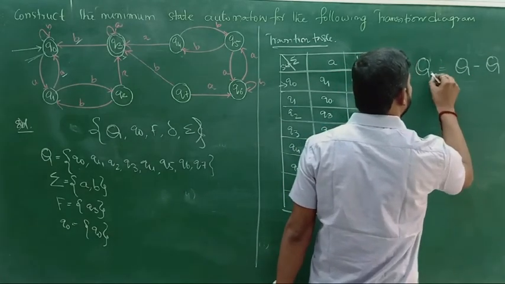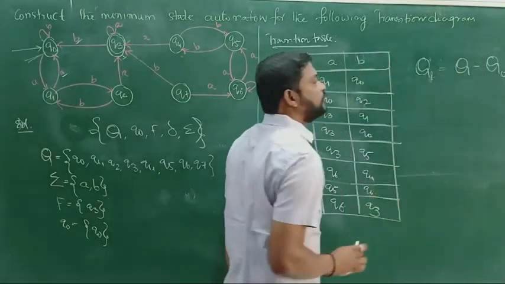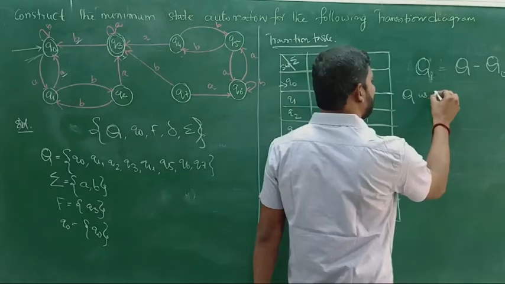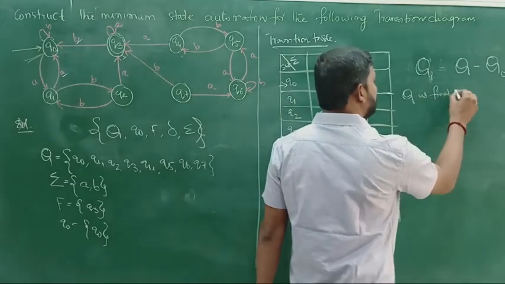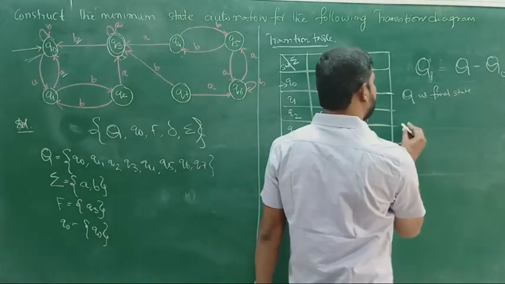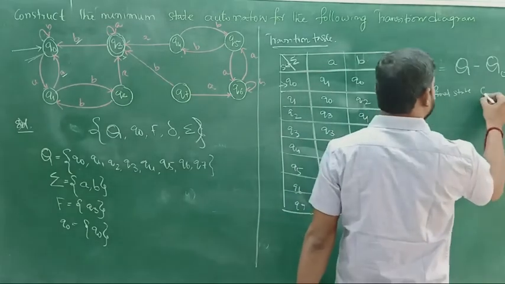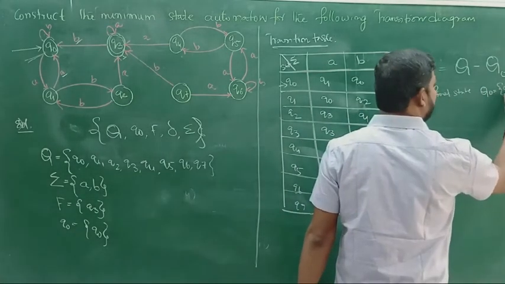So Q1 is equal to capital Q minus Q0. Here Q0 is the final state, so the final state Q0 is equal to Q3, right?